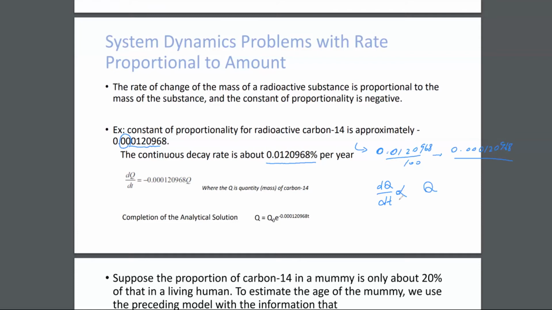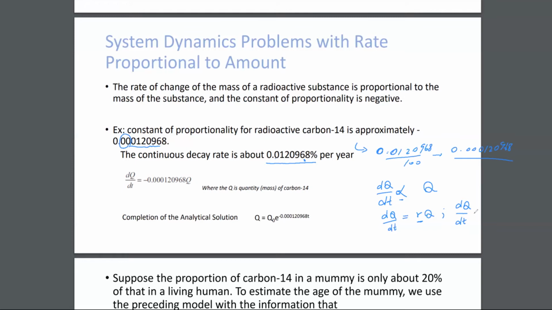And to make this a proportionality, we just introduce a constant R, right? Just like the population growth that we were talking about. And this value is given to you as this much. So this is the same thing that you did in the population growth. There's not much difference here.